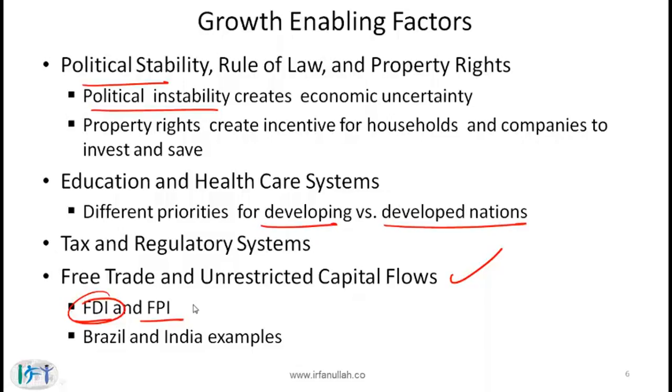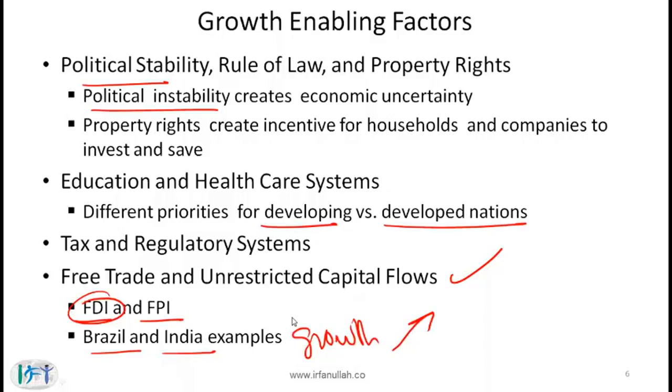So the curriculum points out that these are good things and gives examples of Brazil and India, where once these countries decided to open up to foreign capital coming into their countries, the growth in these countries took off.